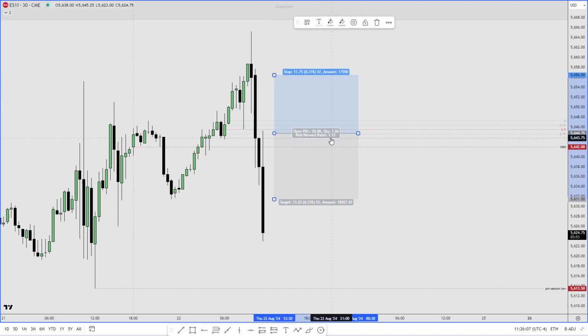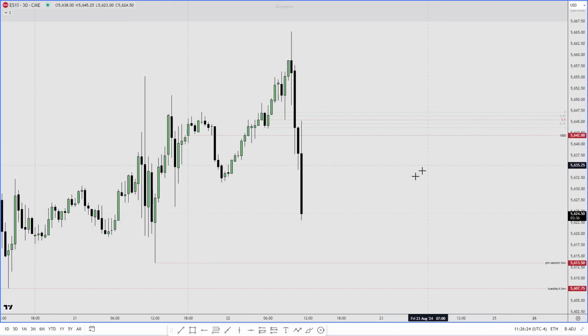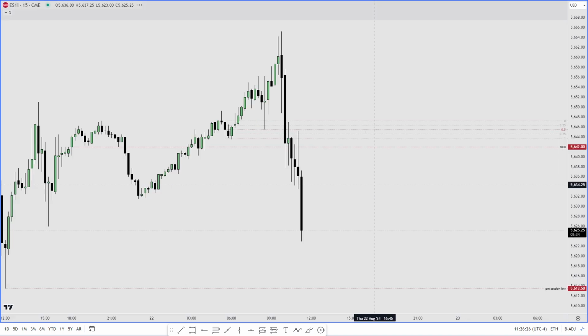That's one R. I mean, not the best. It's not the best, but if you're looking for the daily lows, that would be a good target. Other than that, not really.